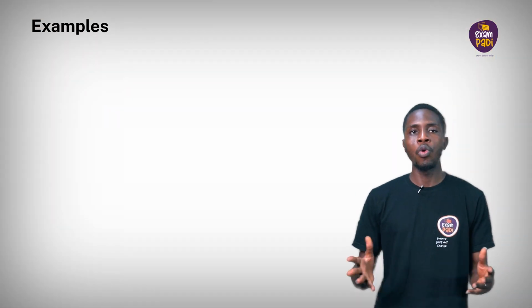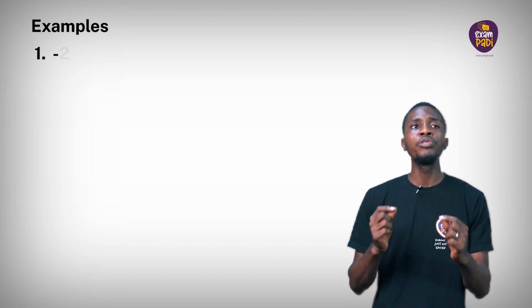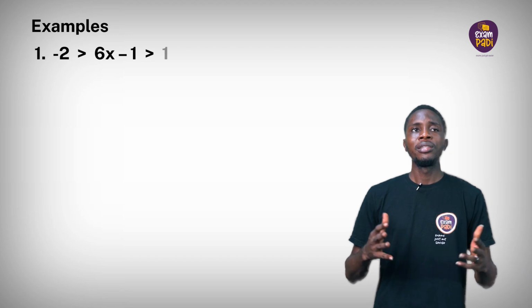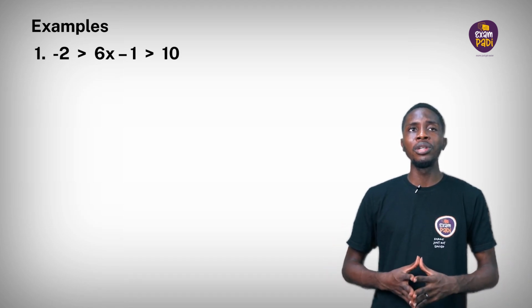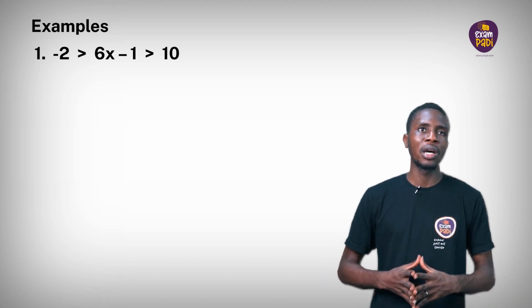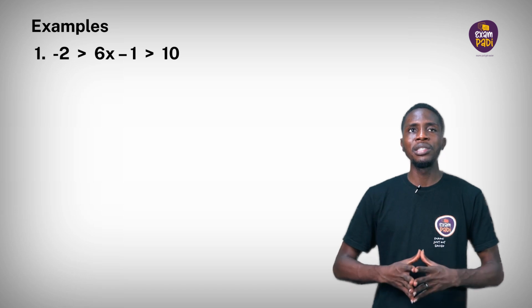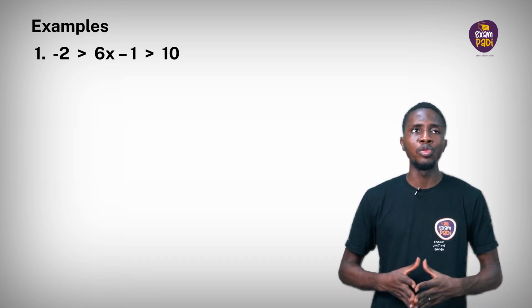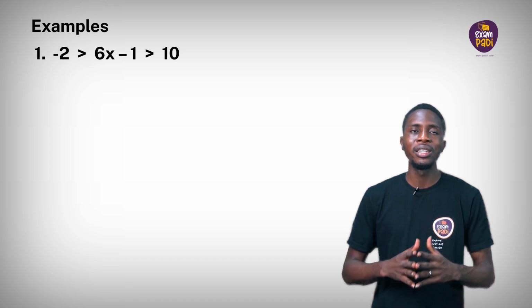Let's explore more examples. 1. Minus 2 is less than 6x minus 1 which is less than 10. The strategy for solving this inequality is similar to other examples, except in this case you are trying to isolate the variable in the middle rather than on one side or the other.